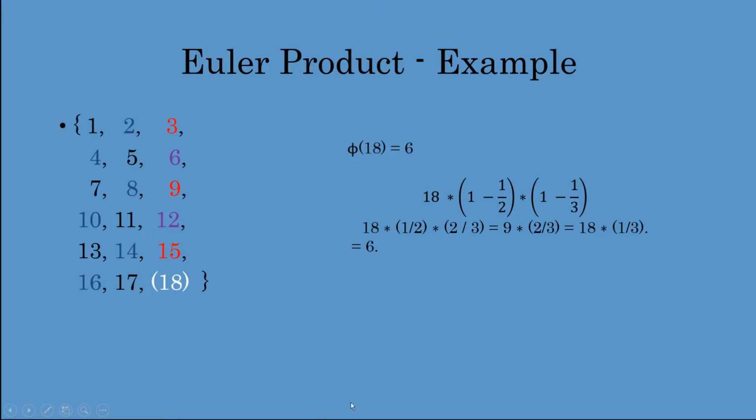Now, there are some numbers in common, like we have 6 and 12, which are both divisible by 2 and 3. But thankfully, this product formula works out almost in a magical way, in the sense that we can consider the ratio of all even numbers that are excluded from the set. Well, guess what?